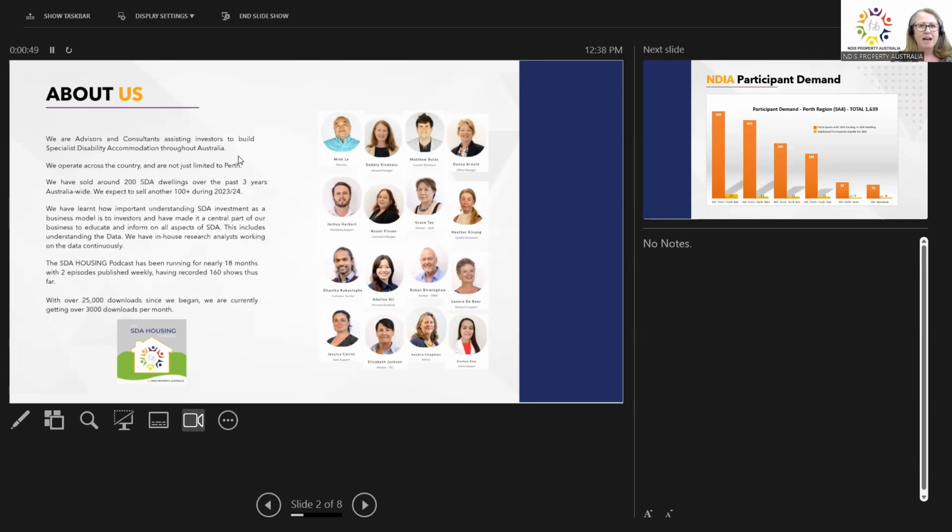financial year. In the 3 years that we've spent doing this, we've learned how important it is to understand the SDA investment, all aspects of it really, to investors and the other stakeholders. So a lot of what we do is the data. We're very on top of where the demand is, where the supply is, and trying to determine where those gaps are in the market and the best places to build. So we do have a team of in-house research analysts working on that data continuously.